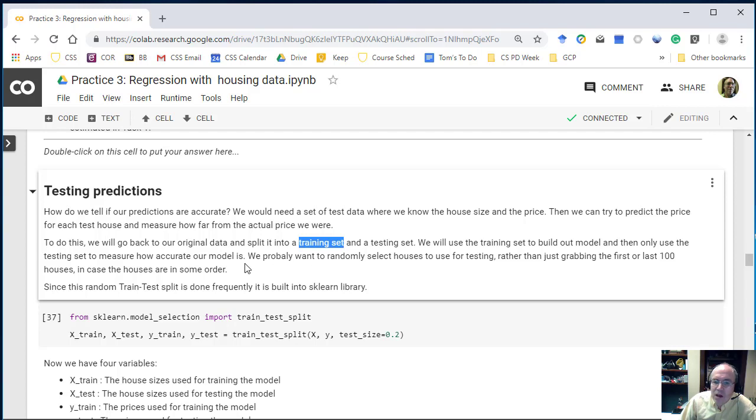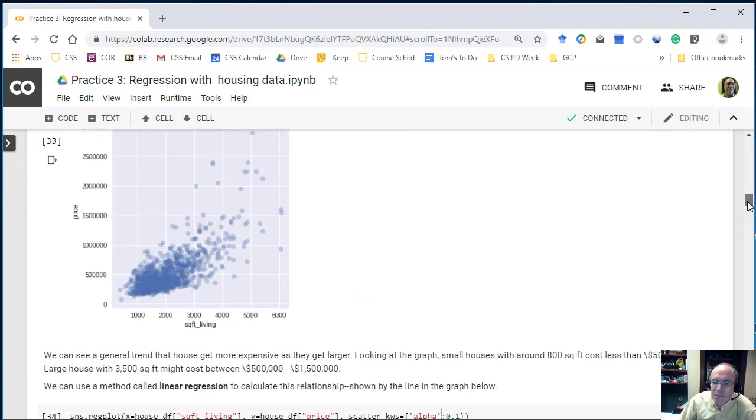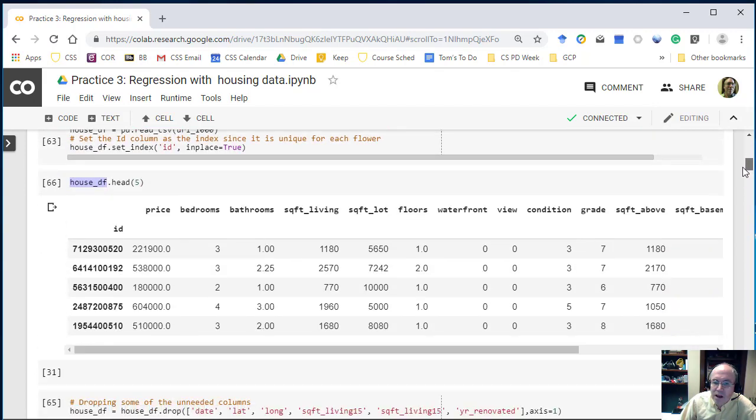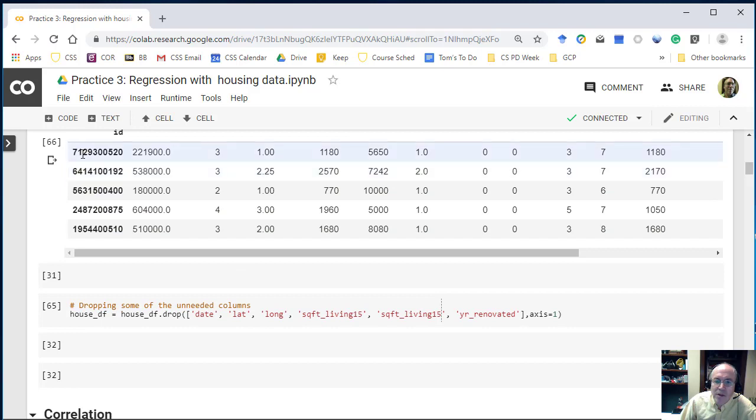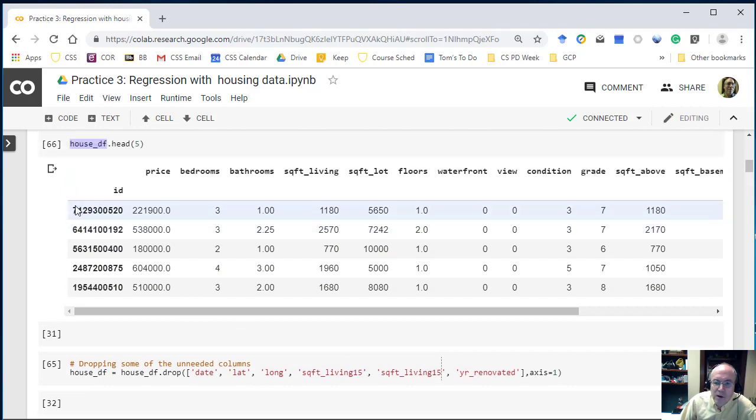So now we could just grab the first 80 or 20% of the data frame. Up here we have a data frame, and remember in unit 2 we looked at how to grab just certain rows out of a data frame. We could just grab the first 200 rows and use that as our testing data.